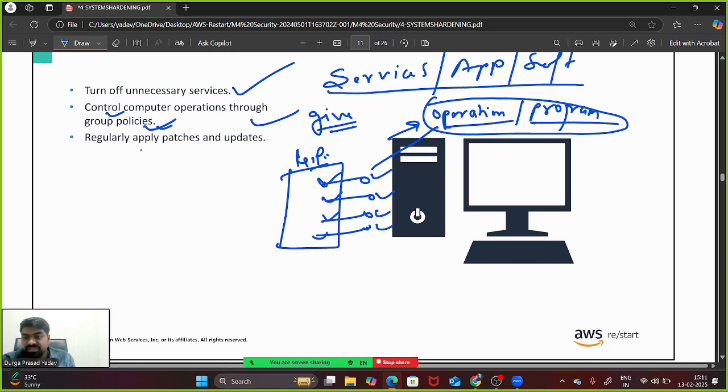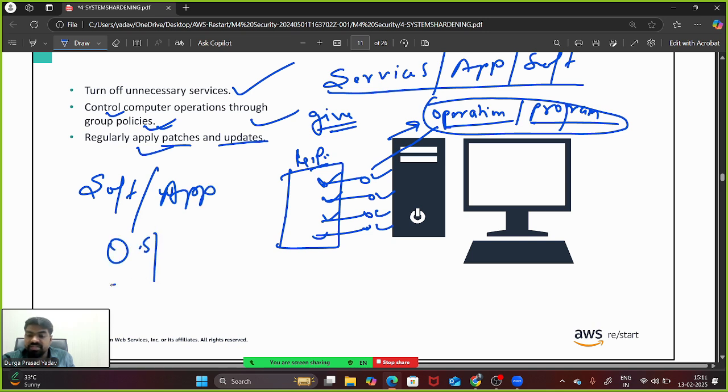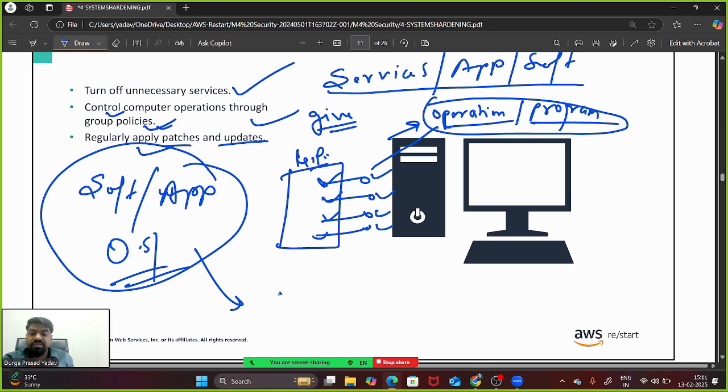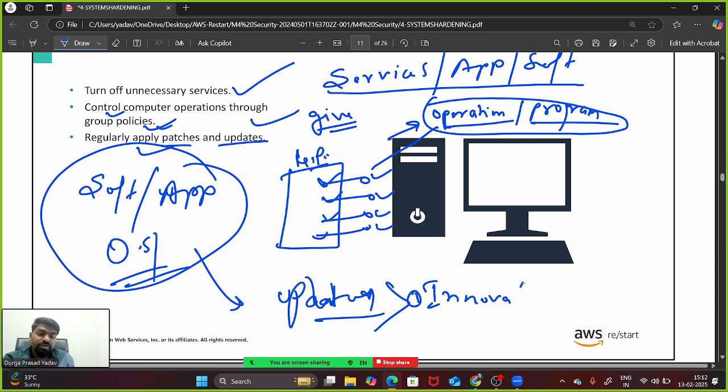And the last one, which is really important here, is that we should regularly apply patches and updates. Sometimes what happens is that when the company brings an updated version of a software application or operating system, there is some reason behind it. The first reason will be innovation, which is not a problem.